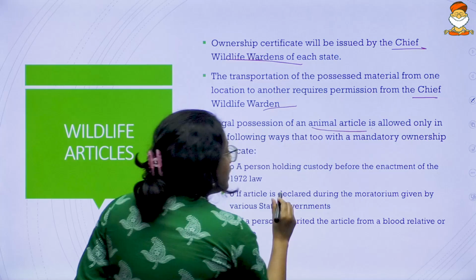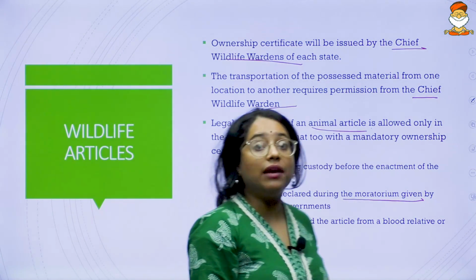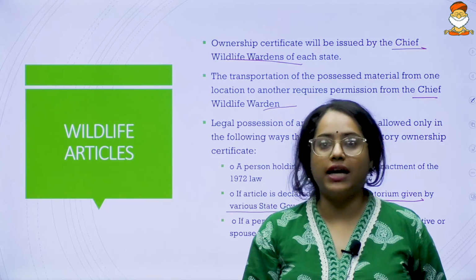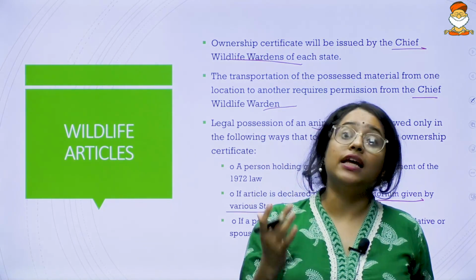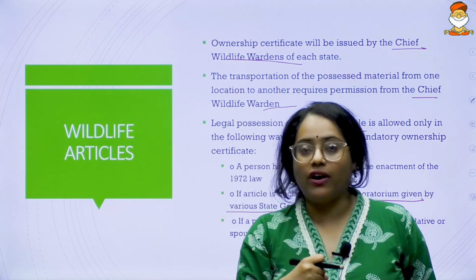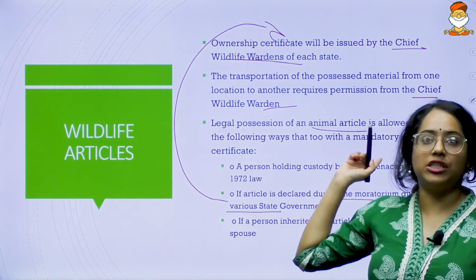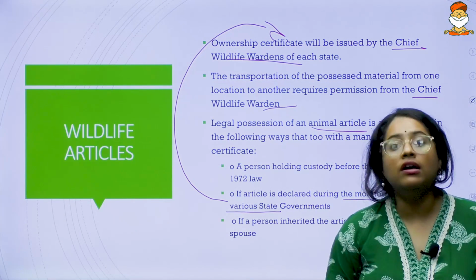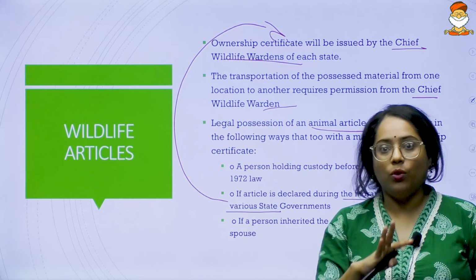Similarly, if the article is declared during the moratorium given by various state governments, there can be certain periods where the state governments have said, okay, if you go hunting these animals, you can keep it. In that case also, if you have acquired that article at that particular point, then later you should go and get the ownership certificate from the Chief Wildlife Warden to keep or possess that article from the wildlife.